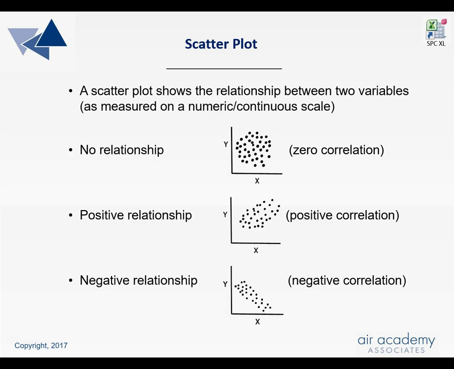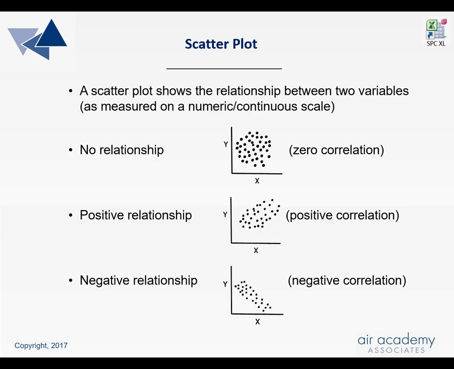There's things called genetics that influence both the foot size as well as the height of an individual. A negative relationship, like the one shown down here, could be something like x's age. As age gets bigger, y, maybe bone density, gets less. So that is a negative relationship.